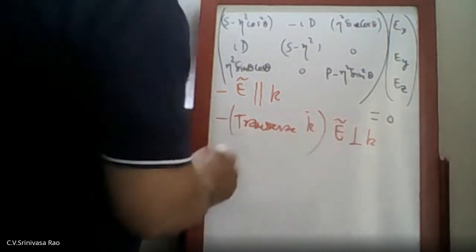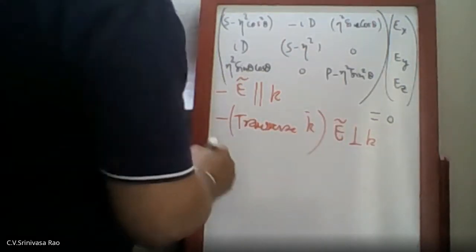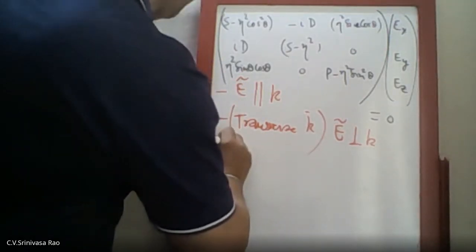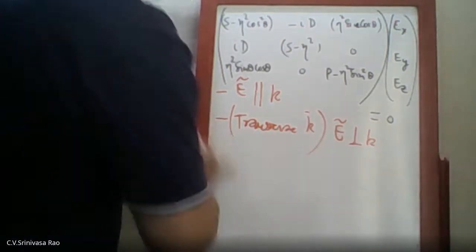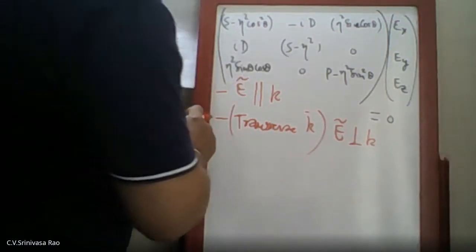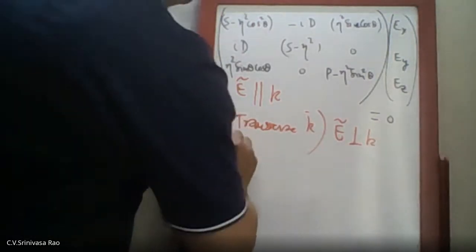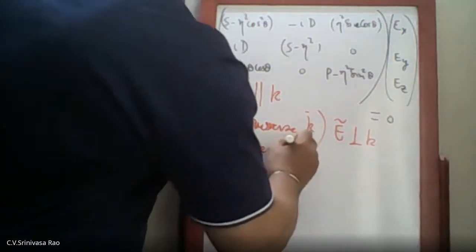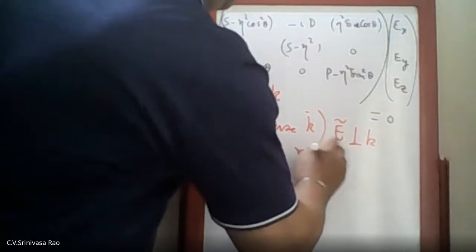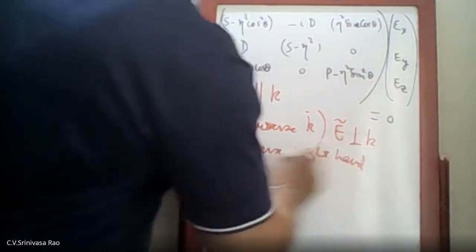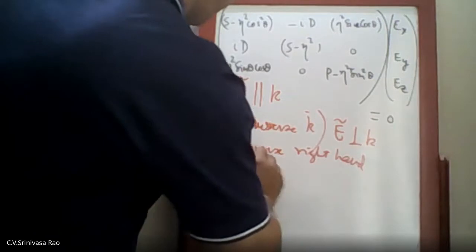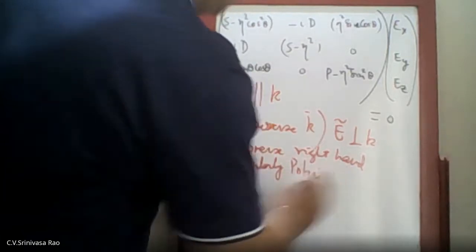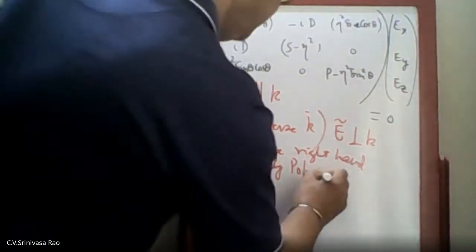So in this case, we got two waves, and one wave was called the R wave. We got the dispersion relation for it, and that was basically a transverse right hand circularly polarized wave.